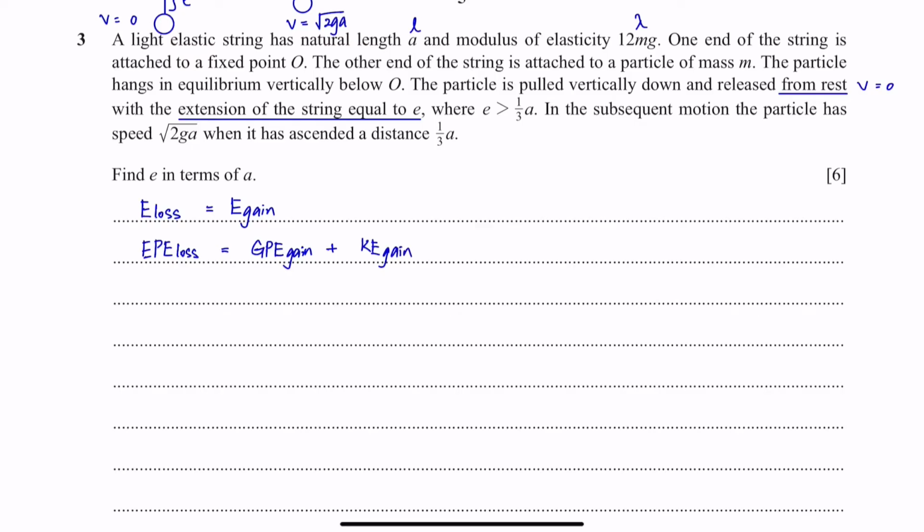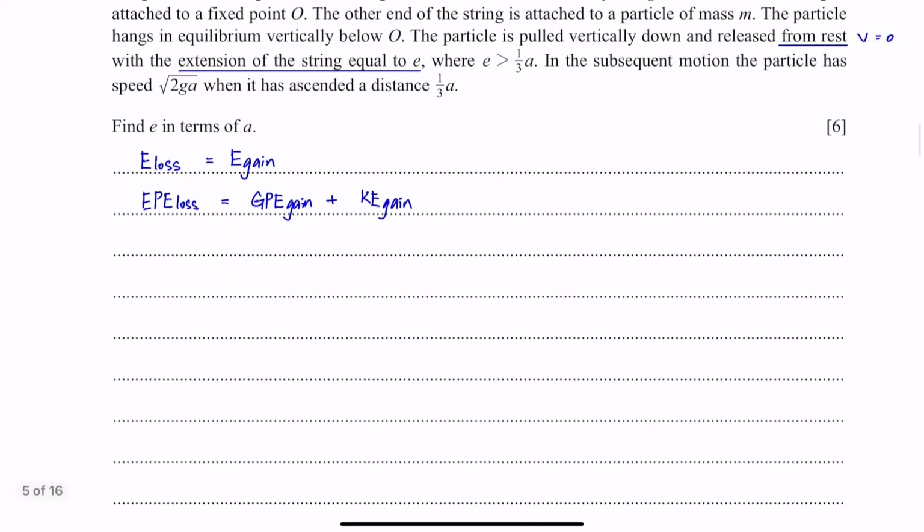So for the EPE loss, the formula would be lambda times the difference in x squared over 2L, because EPE equals lambda x squared over 2L.